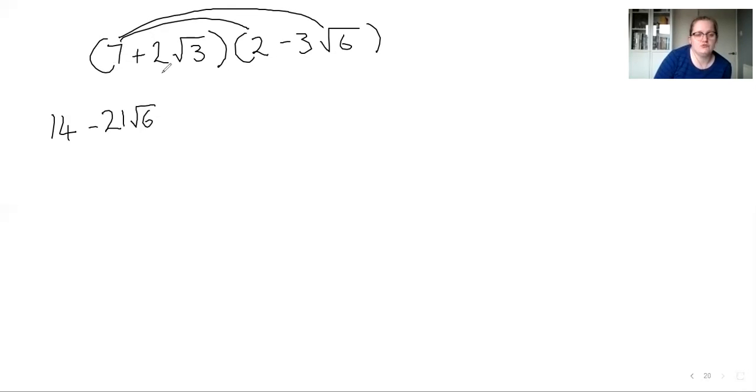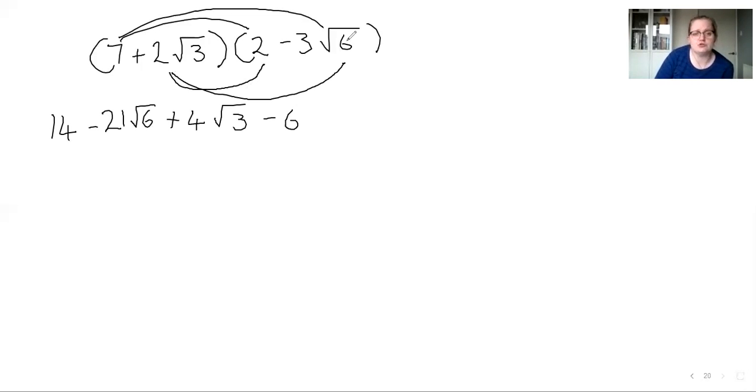Then we've got 2 root 3 and multiply that by 2. So 2 times 2 is 4. So we've got 4 root 3 and then finally 2 root 3 multiplied by negative 3 root 6. Again, positive and negative, it would be a negative number. 2 multiplied by 3 will give us 6.